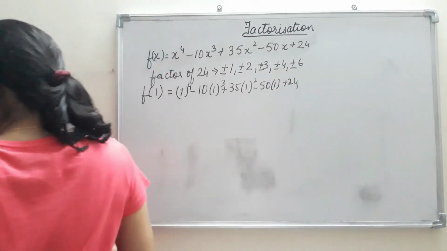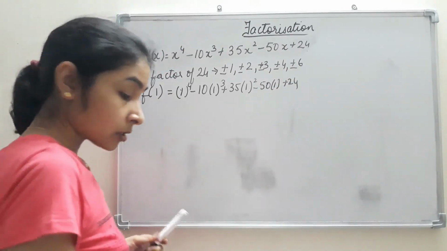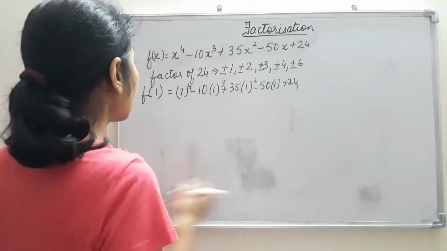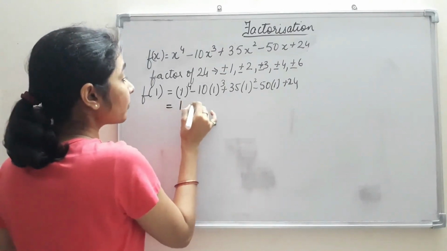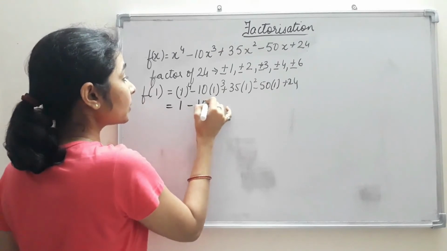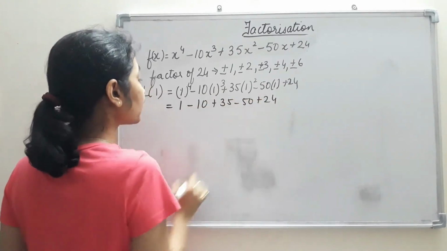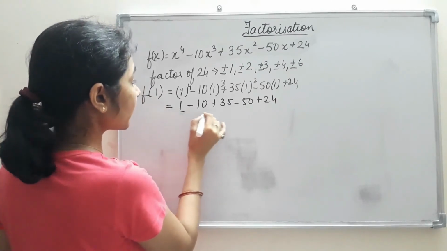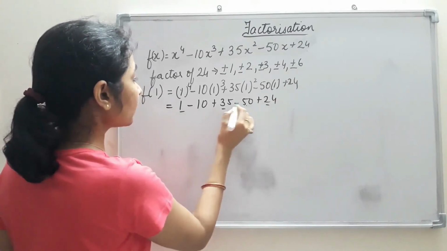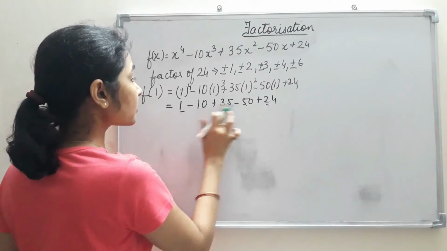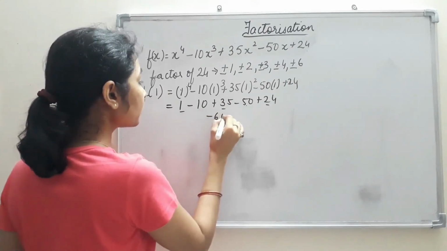Okay, so here 1 minus 10 into 1, 10, plus 35 minus 50 plus 24. Okay, so positive terms are 1, 2, 3. Negative are these two. So minus 10 and minus 50 gives us minus 60.